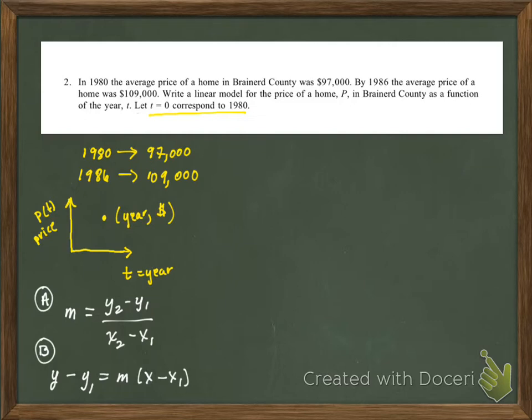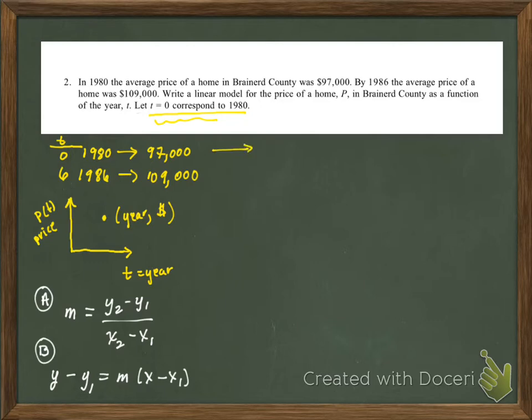Alright, so back to this problem. Well, we are given 2 points, the year and the price, but we're given this instruction that time equals 0 corresponds to 1980. So that means this T right here, or the time here, corresponds to 0, which means in 1986, our time is 6, because that's 6 years past 1980.